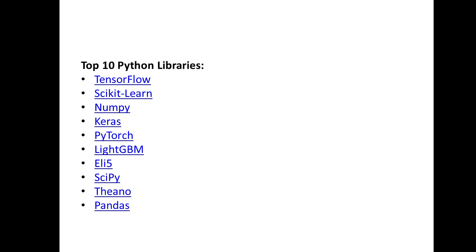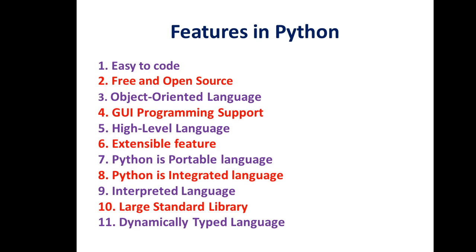These libraries are available in different subjects like data science or machine learning or other problems where we can use those codes or libraries in our program. It can be imported at any instance and can be used in our written Python code.